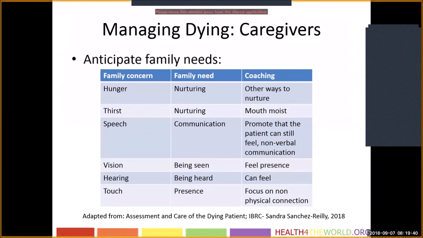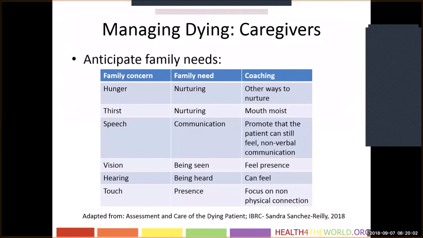Speech: they're not able to talk, so I have the need to communicate with my loved one. So promote to me or explain to me that they can still feel my touch. I can watch for nonverbal communications. I can still talk with them. They can still hear. I can still play their favorite music. I'm worried that my family member can't see me, because what the family wants is to be seen.